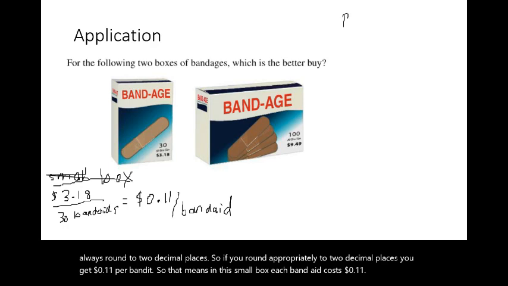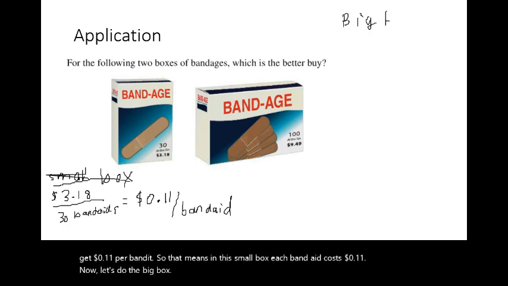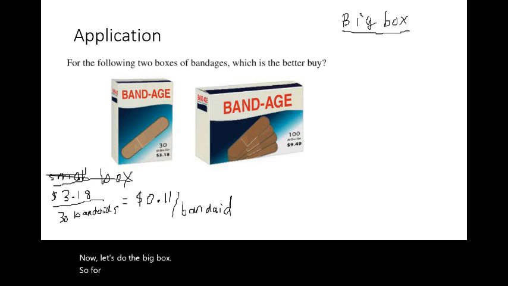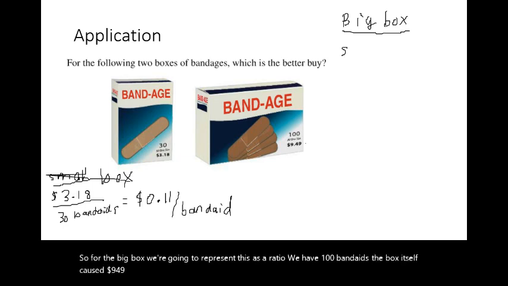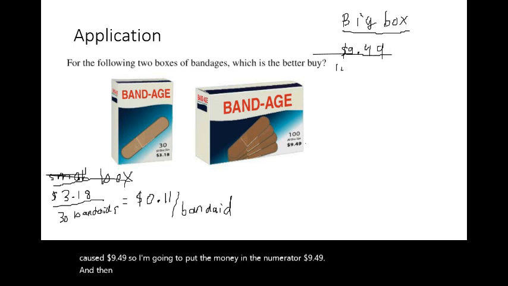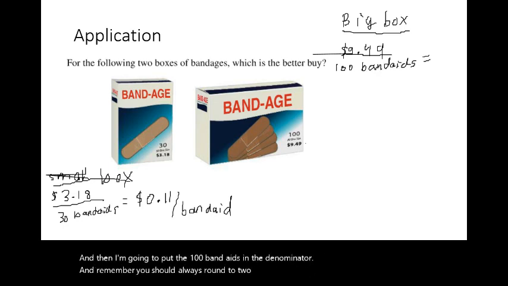Now let's do the big box. For the big box, we're going to represent this as a ratio. We have 100 Band-Aids, and the box itself costs $9.49. So I'm going to put the money in the numerator, $9.49, and then I'm going to put the 100 Band-Aids in the denominator. And remember, you should always round to 2 decimal places whenever you are dealing with money.